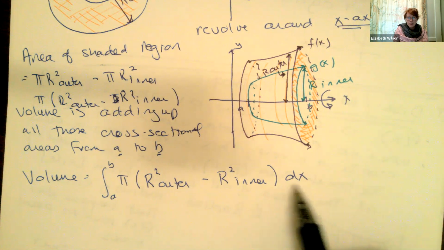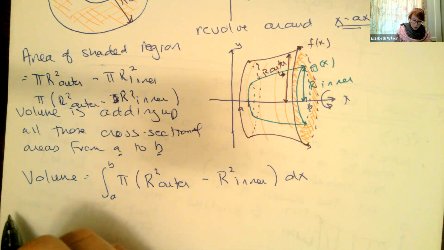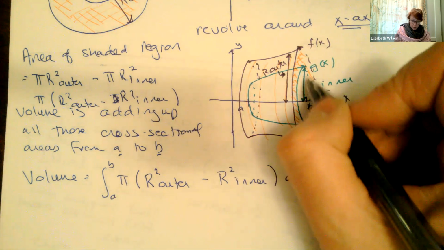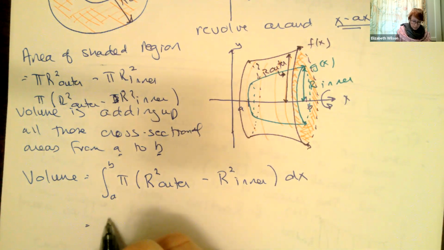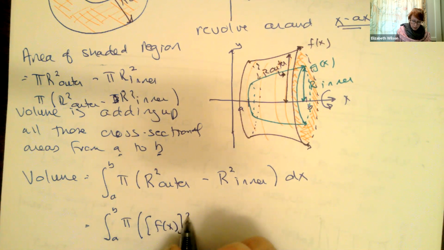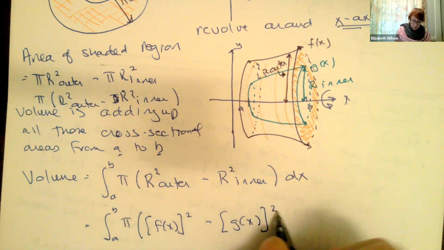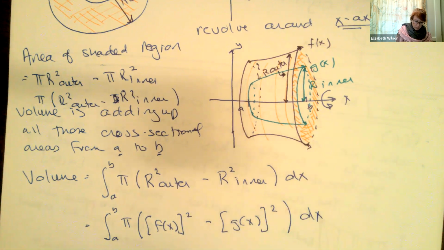It's infinitely thin, which is why we sum them all up from A to B. In this case, for our example here, it's going to look like pi times f of x squared minus my inner function, g of x squared, dx, and this is our volume.